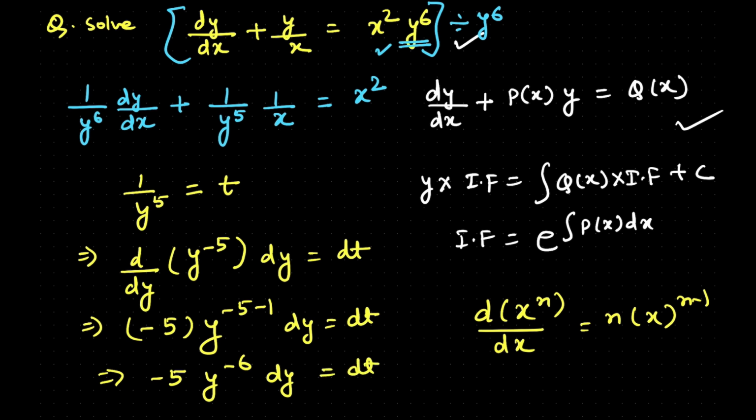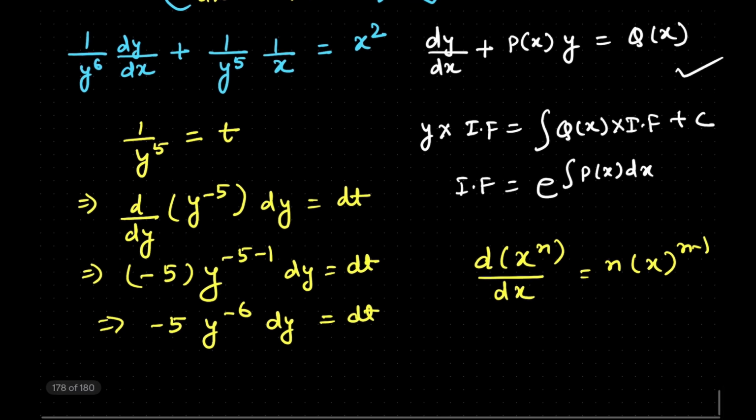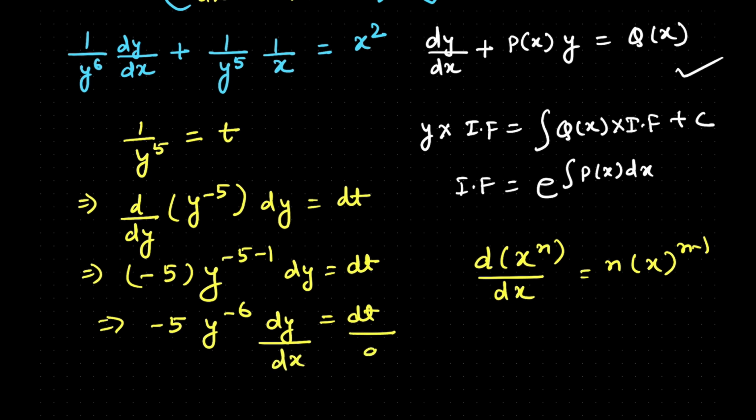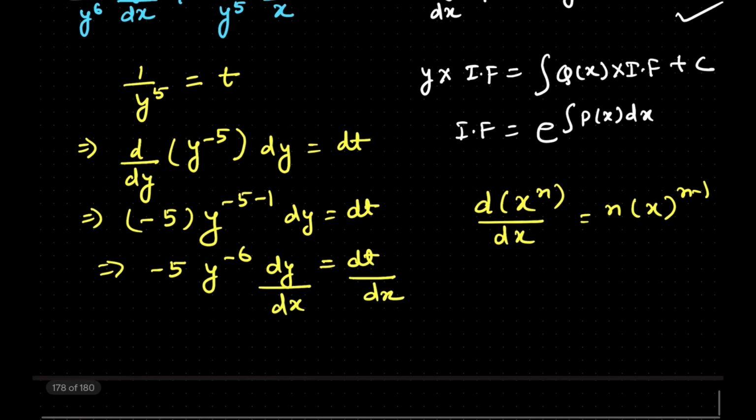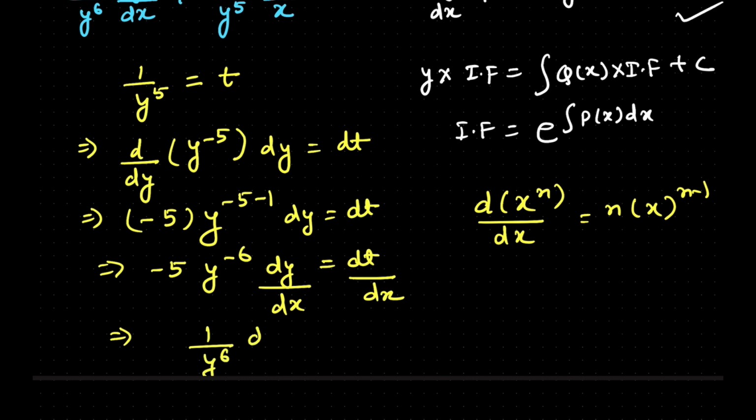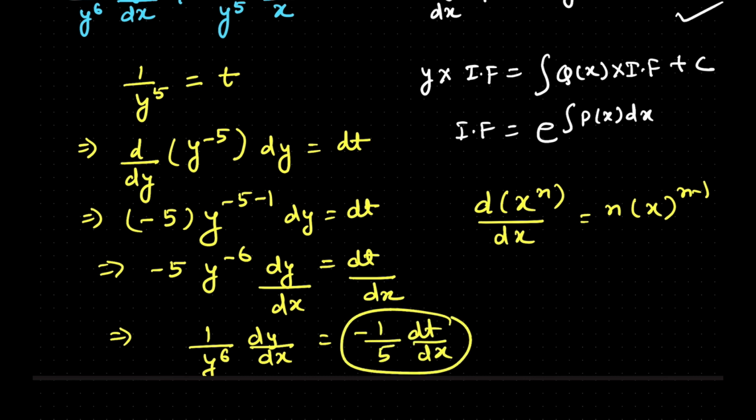So you will get minus 5 y to the power of minus 6 dy is equal to dt. Now we will divide by dx on both sides of the equation. Now in place of 1 by y to the power of 6 dy/dx, you can simply write minus 1 by 5 dt/dx in our equation.